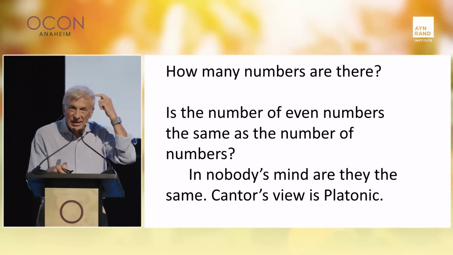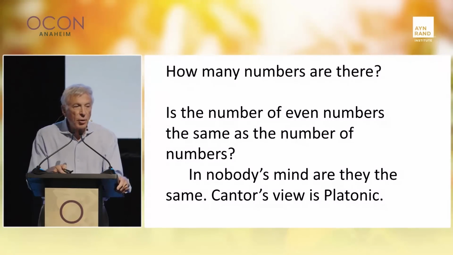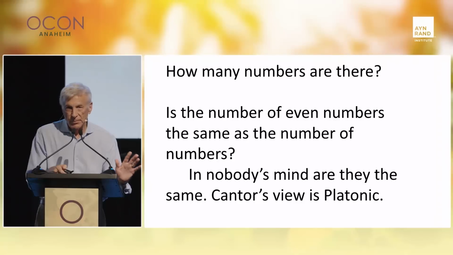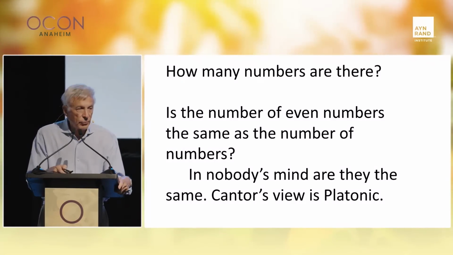They only exist in here. And in nobody's mind are they the same. So that's complete garbage, complete nonsense. Every mathematician in the world, except for maybe 3 of us, believes that the cardinality, the size of the even numbers, is the same as the size of the regular numbers.